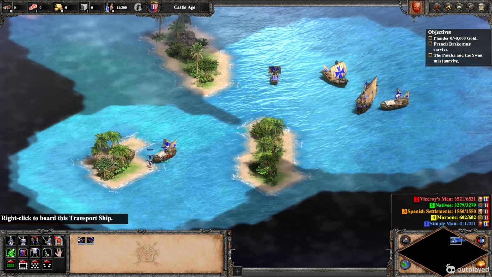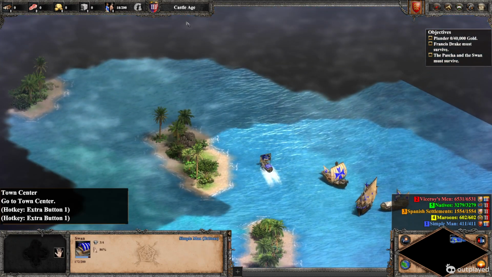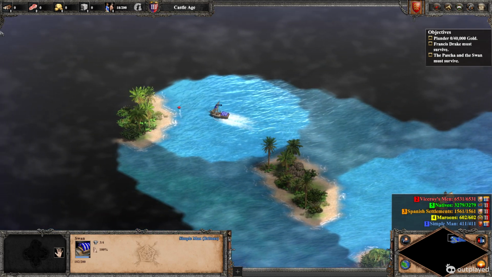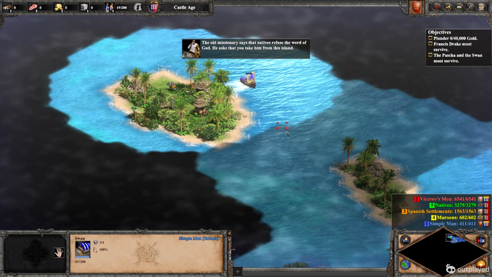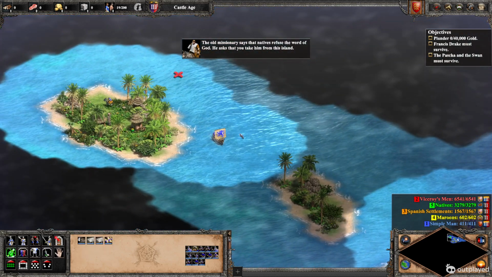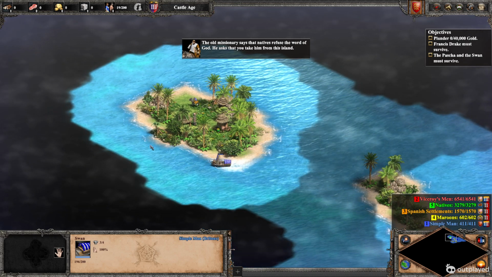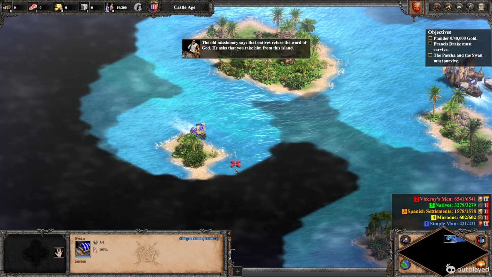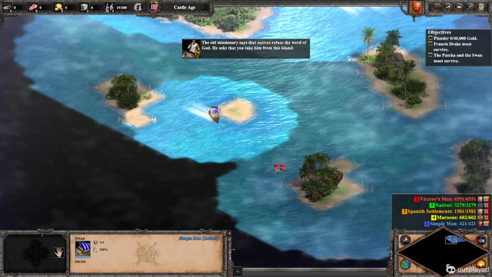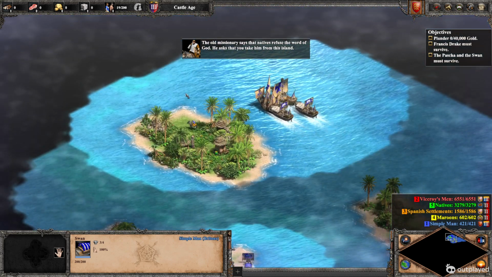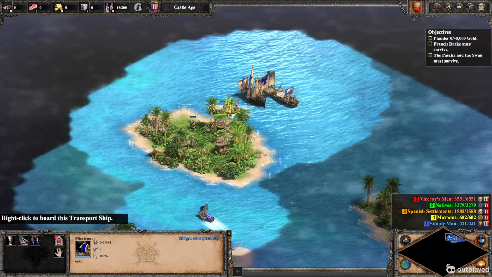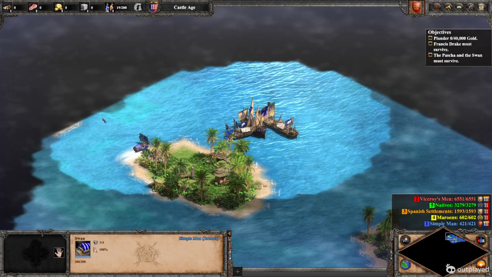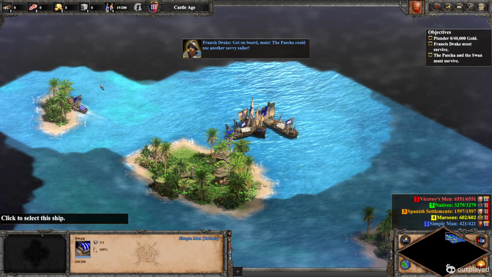Mandatum? Yes. The old missionary says that natives refuse the word of God. He asks that you take him from this island. Impero sane. Yay. Get on board, mate!